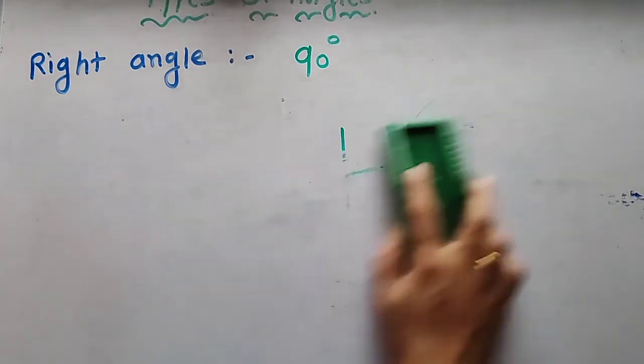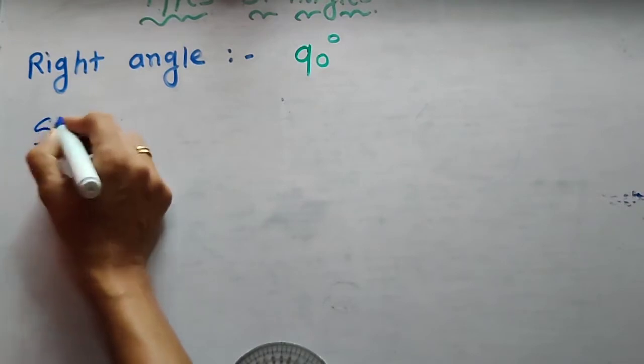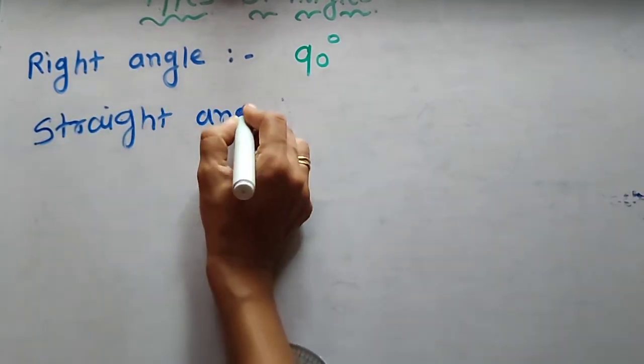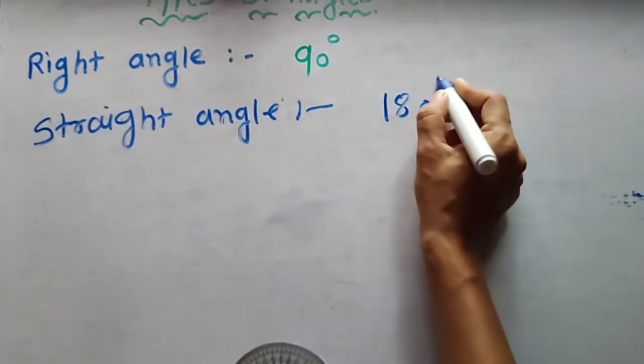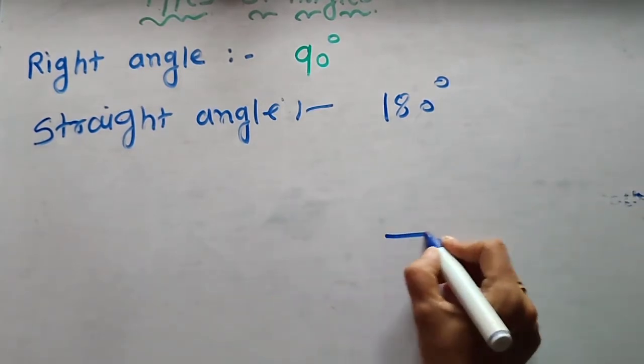Then second is the straight angle. A straight angle means the angle measuring 180 degrees, a straight line directly. Suppose you draw a line segment.